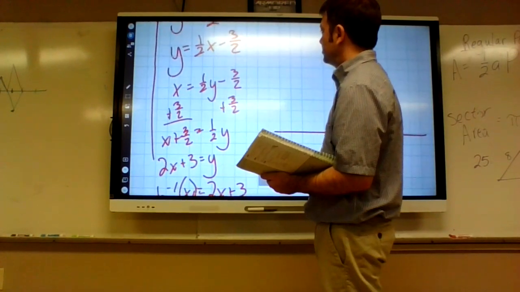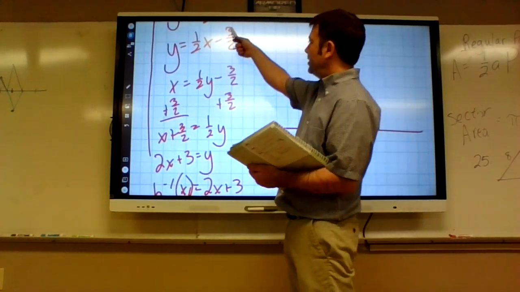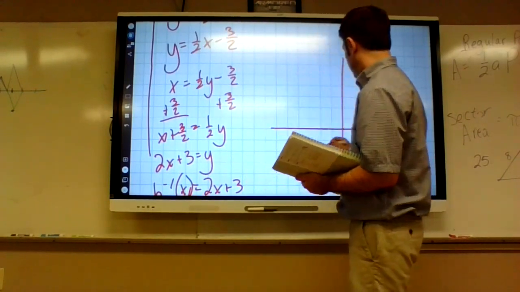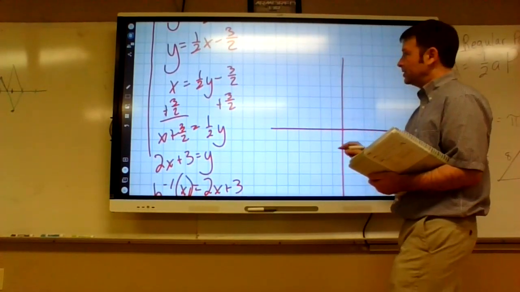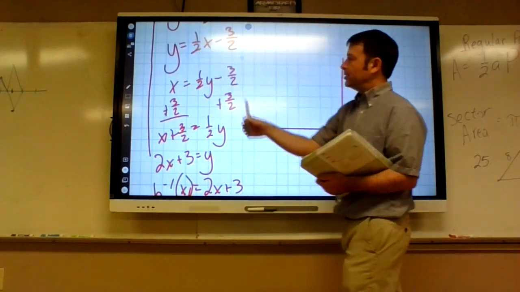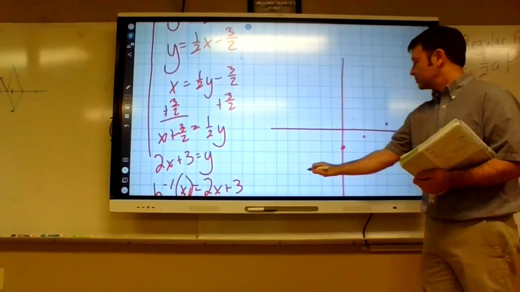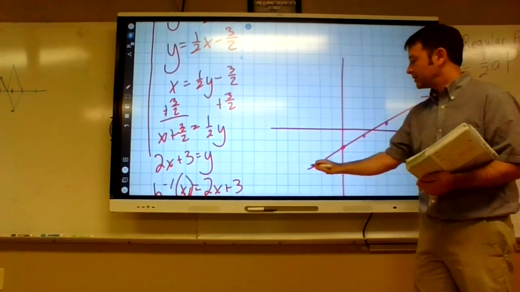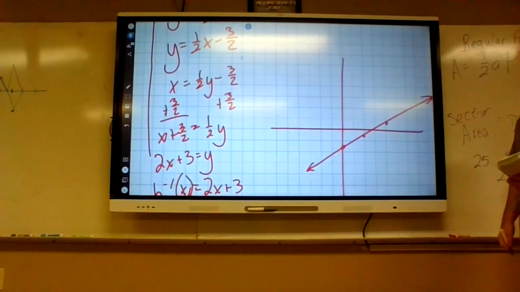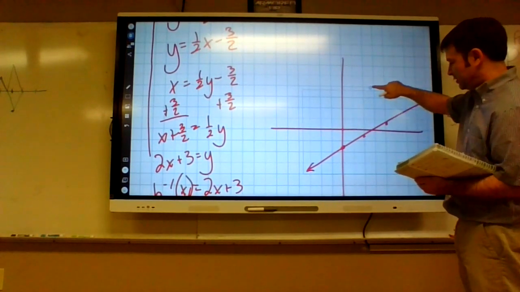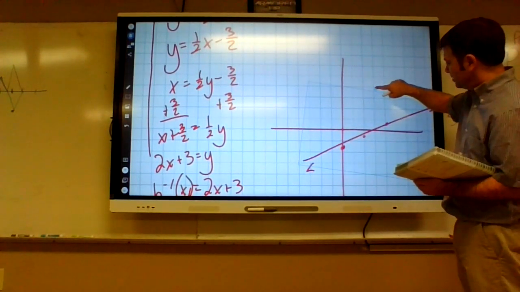Okay, the original function was 3/2, which is basically 1/2, 3 divided by 2. I'm going to go down 1/2. And I'm going to rise 1 and run 2. Rise 1, run 2. So it's kind of like that. Not my best line.